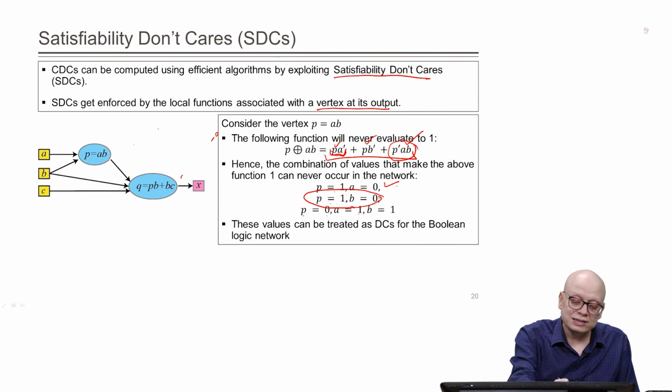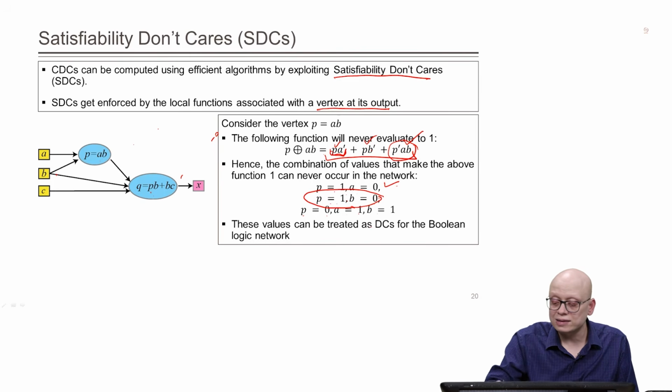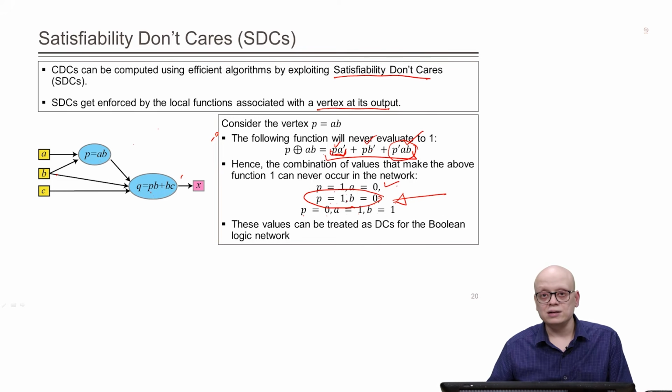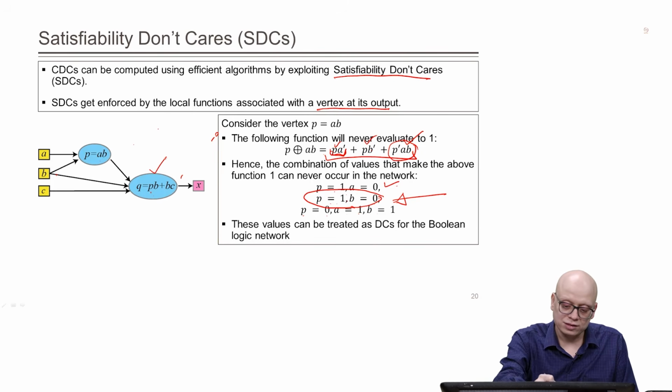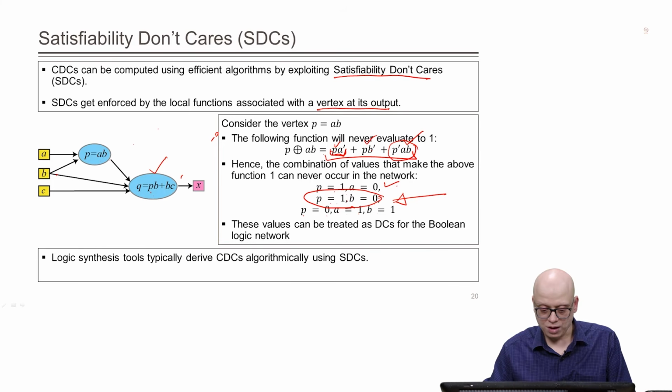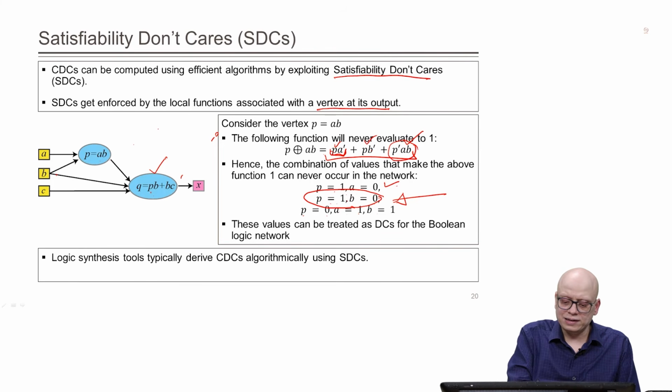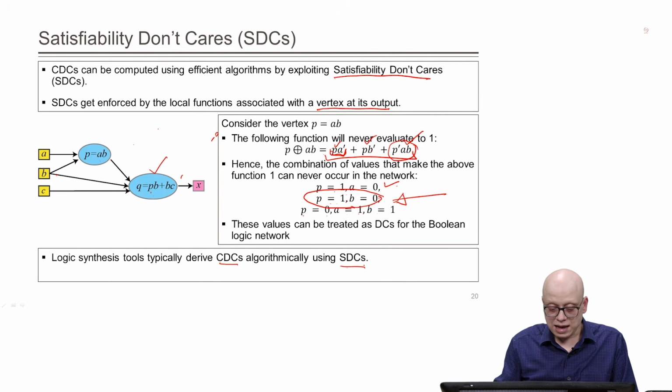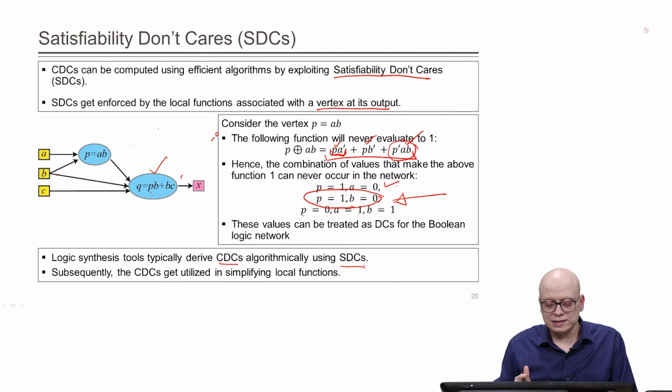Because the dependency is only on B; there is no dependency between A and Q. There is a dependency between B and Q, and that is why we took this don't care condition as our controllability don't care in optimizing this node Q. So, logic synthesis tools typically derive CDCs algorithmically using SDCs, and subsequently CDCs get utilized in simplifying local functions, as we have seen.